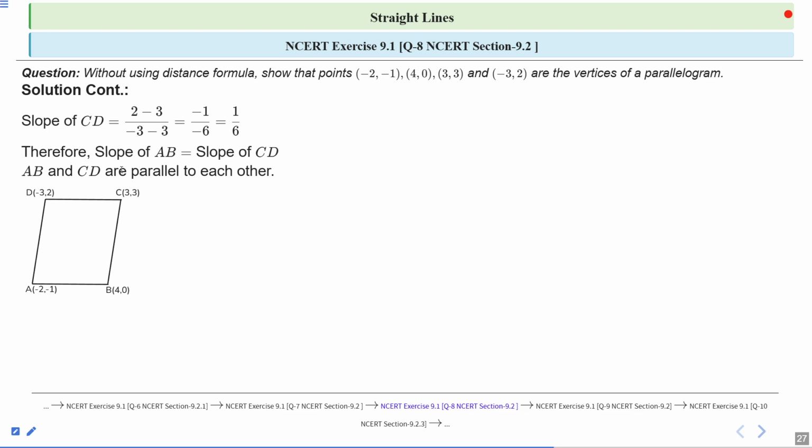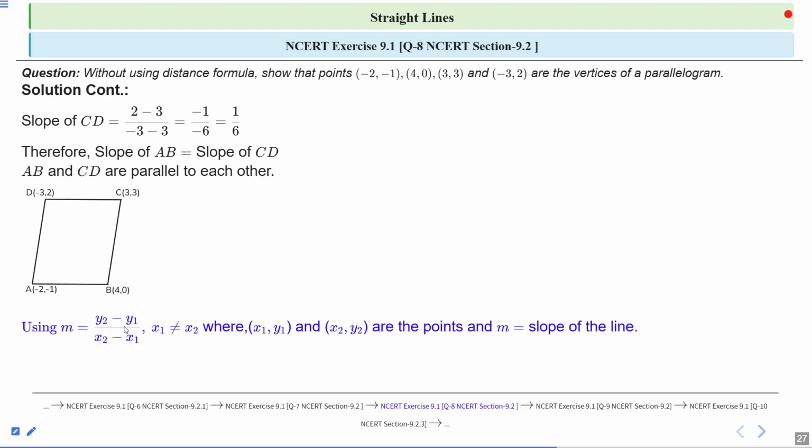And we know if we have two lines and their slopes are equal, then both lines are parallel to each other. So here AB and CD are parallel to each other. Using this formula y2 minus y1 divided over x2 minus x1, where x1 does not equal x2, and m is the slope of the line.